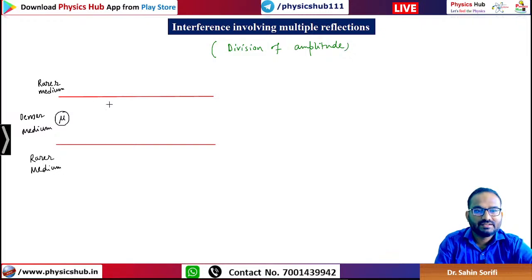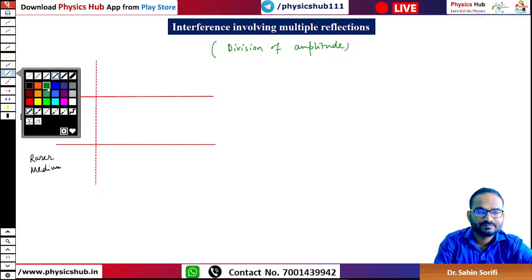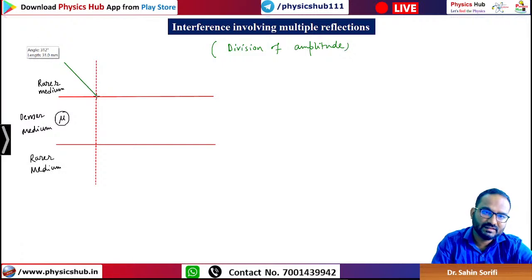Now you can imagine that a light wave is incident here. This is the normal we have drawn. Let us show the light wave now. One ray is incident here at some angle, let's say phi.